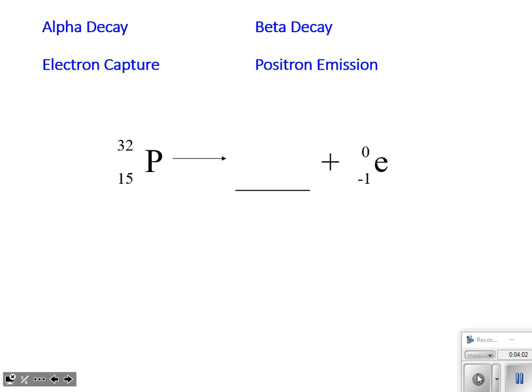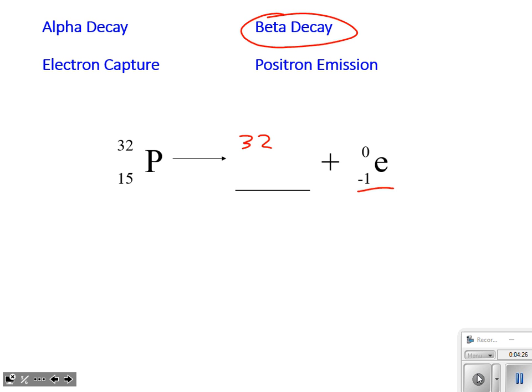Here's my next one. Well, I see that right here. Once again, what is that? What is that right there? What do we call that? A beta particle, right? So we're going to be dealing here with beta decay. So once again, doing my math, I'm going to have 32 here.